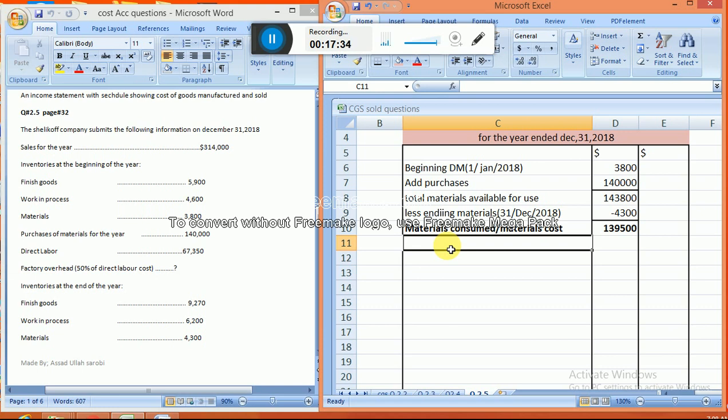Now this is the material cost, 1,39,500. On this material we used some labors. So we pay wages to laborers. Those payments are also included in the production process.